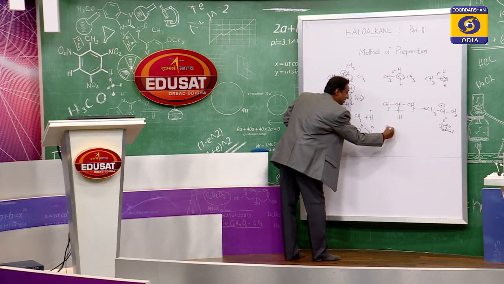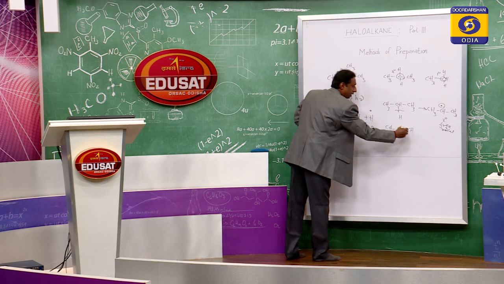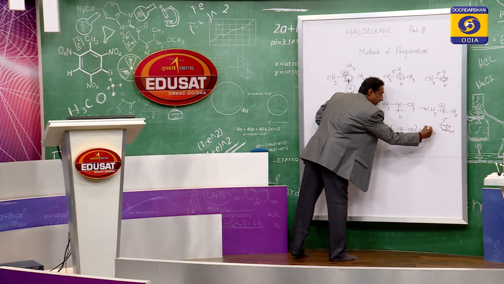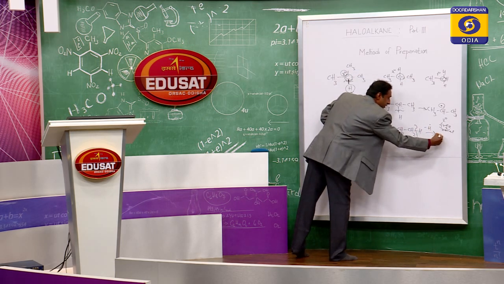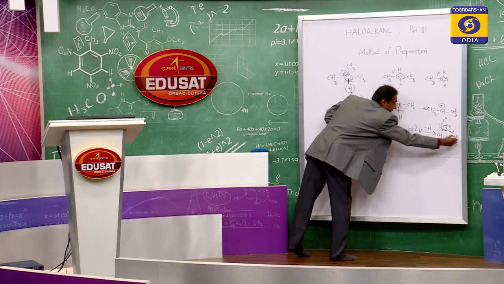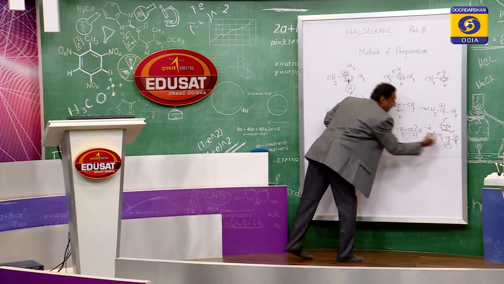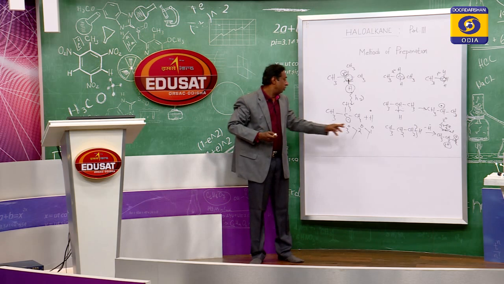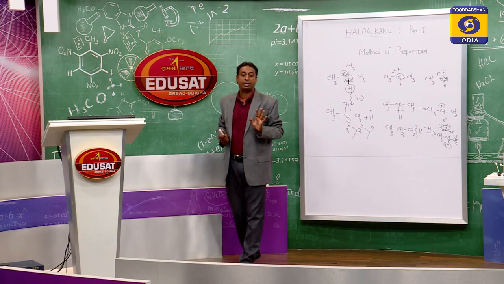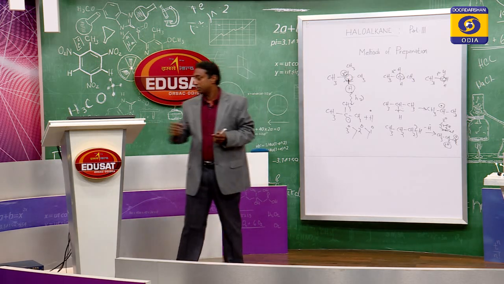And if you replace hydrogen from this end, then you get CH3, CH2, CH2 dot. This is your primary, 1-degree free radical. As I have told you, 2-degree is more stable than 1-degree, so there is a maximum chance of getting the major product as isopropyl chloride.